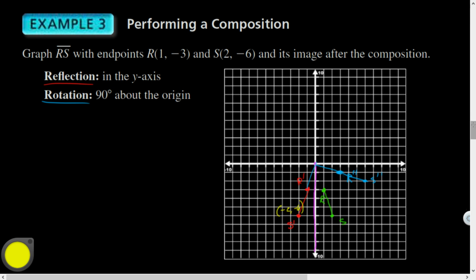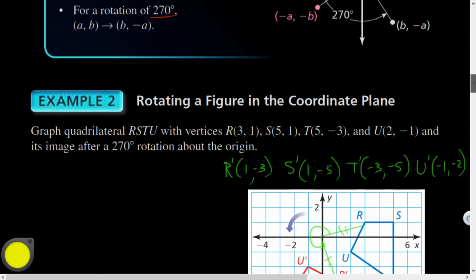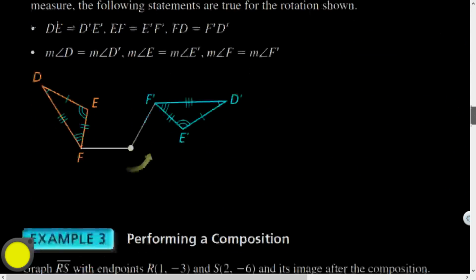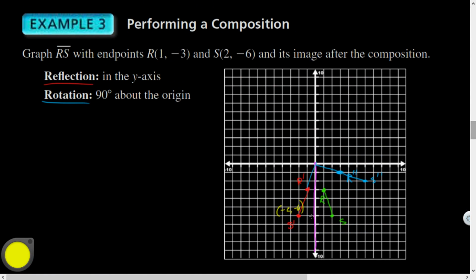And if I'm doing an origin rotation 90 degrees, what did our property say? Flip them and make the B negative. So -2, -6 would have become for S double prime -2 over here, and now the opposite of -6 is +6. And notice that over 6 down 2 is in fact where that landed. So that same property still applies.